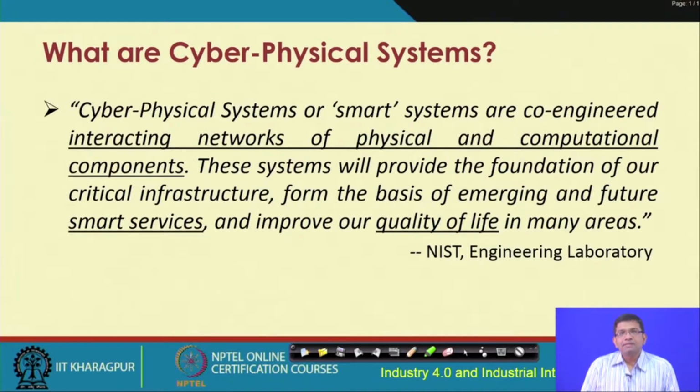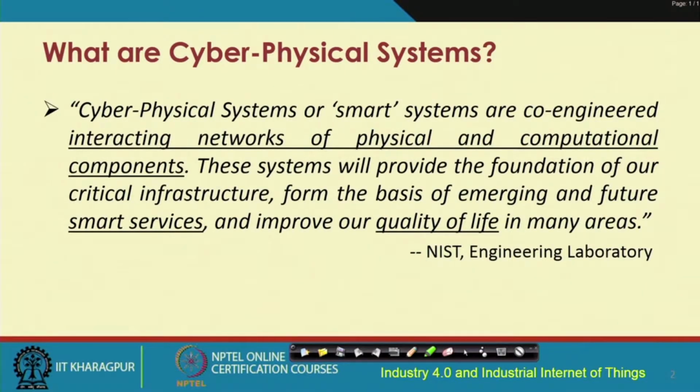But for cyber physical systems the scope is very clear. As the name suggests, cyber physical, these are systems where there is a strong component of the cyber world and the physical world. So, there is interaction between the cyber world and the physical world together in these systems.